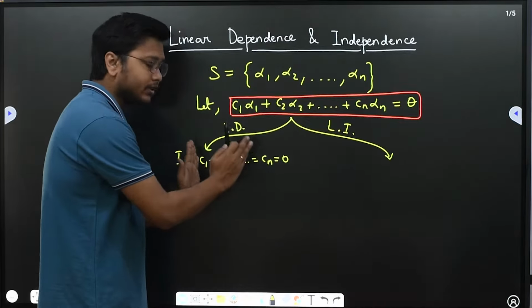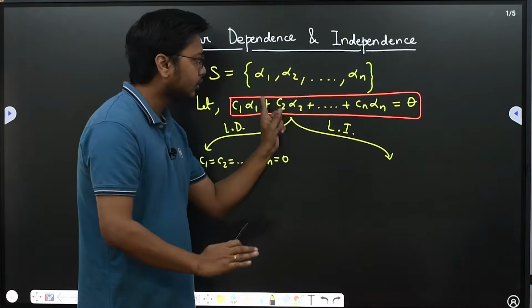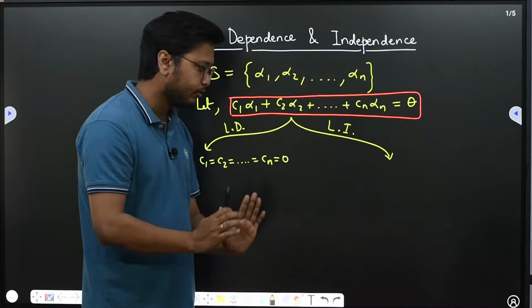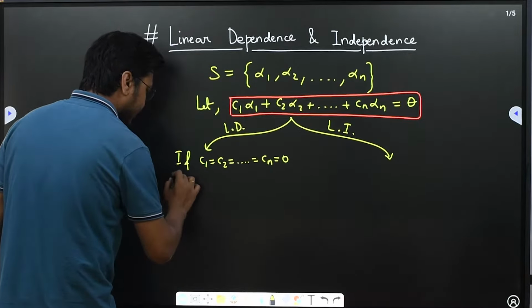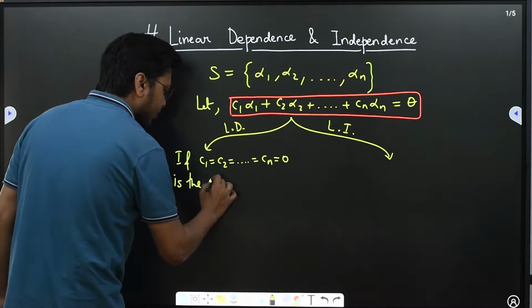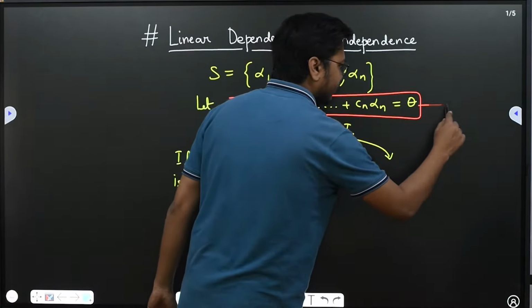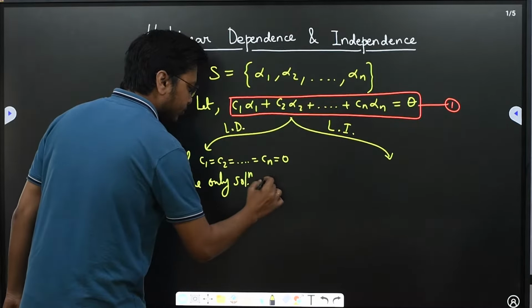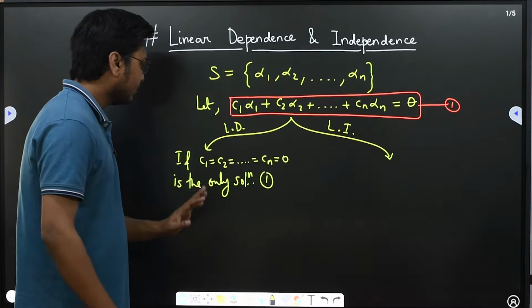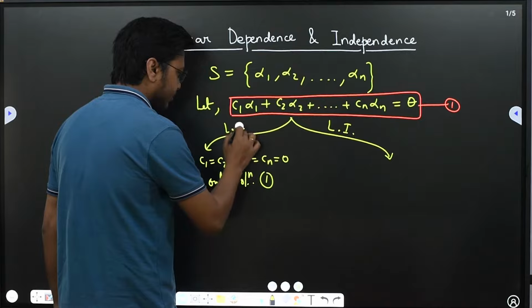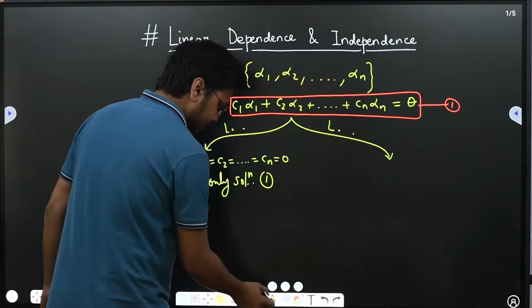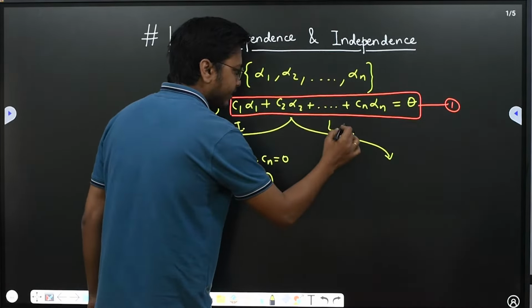If all the constants being 0 is the only solution of this equation, let me call this equation 1, the only solution of 1, then I just gave you the definition of linear independence.